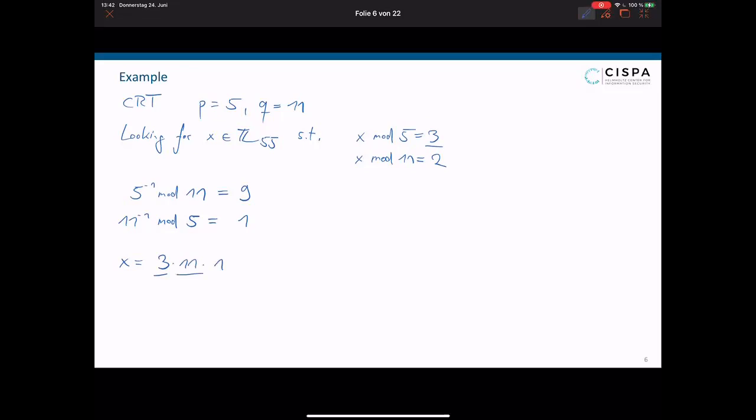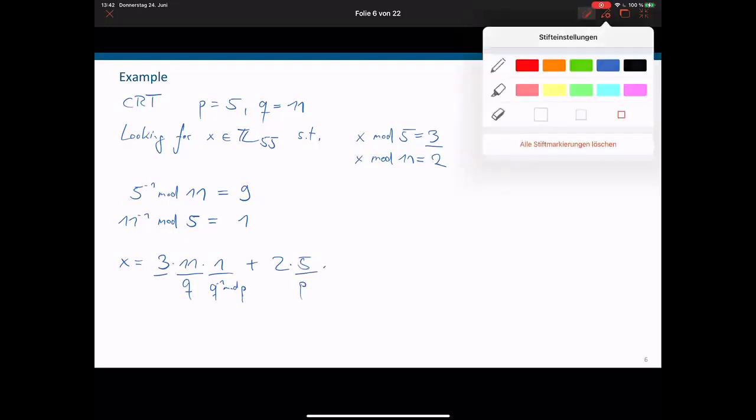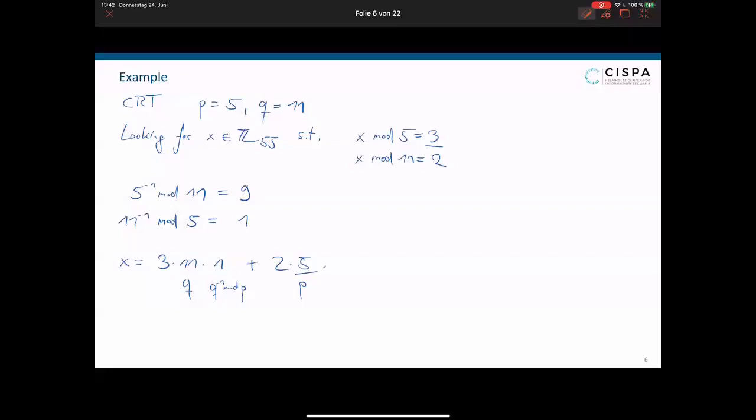This is Q, and this is Q inverse mod P, plus 2 times 5. This is P. Times 9, and this is P inverse mod Q.